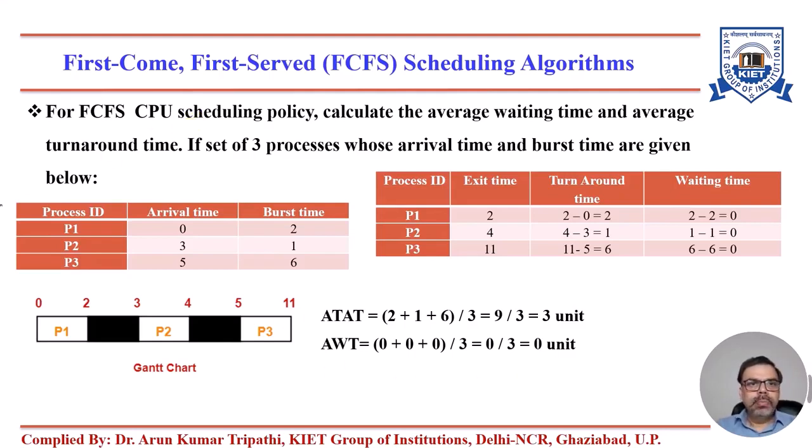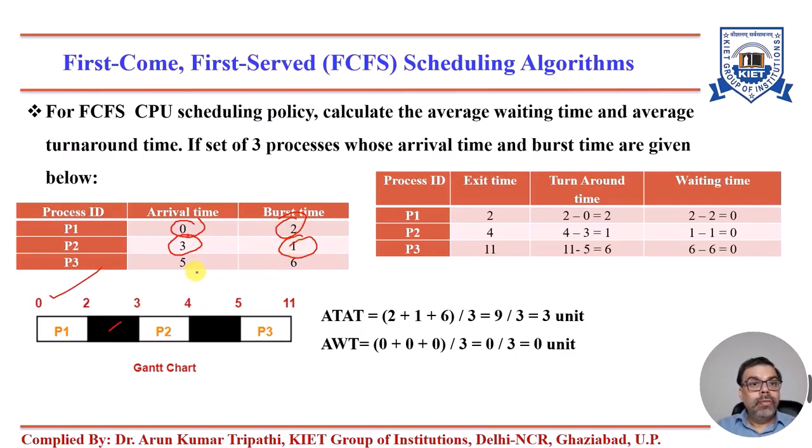Here I have considered three processes P1, P2, P3, and arrival time is given and burst time is given. Now firstly make the Gantt chart as already discussed. So firstly at time 0 there is only one process, that is P1, that will execute for 2 milliseconds. Now the next process arrives at 3 milliseconds, so the processor will sit idle for 1 millisecond, and then execute for 1 millisecond, so 3 to 4.